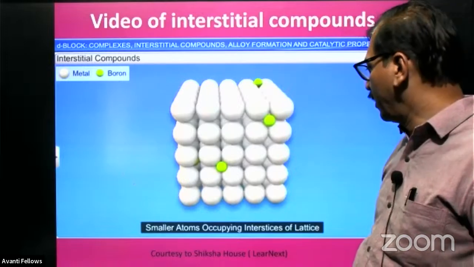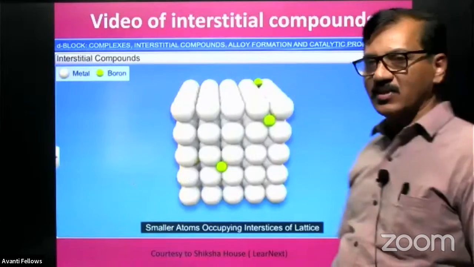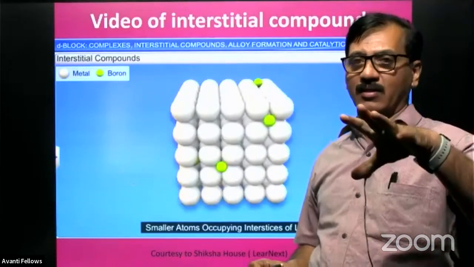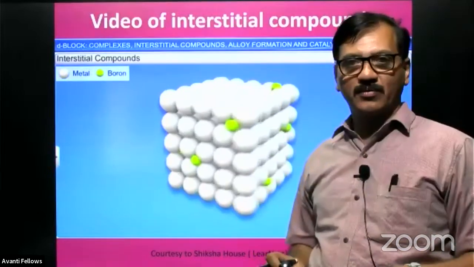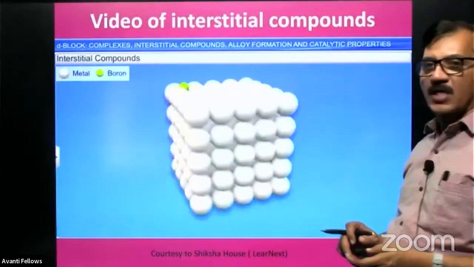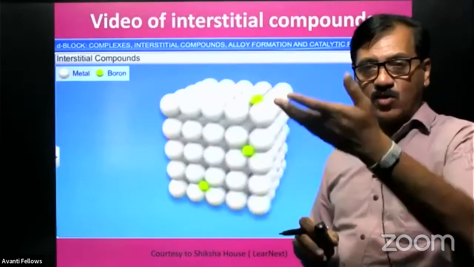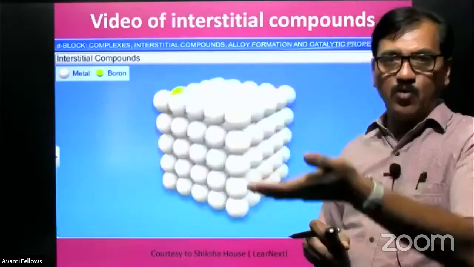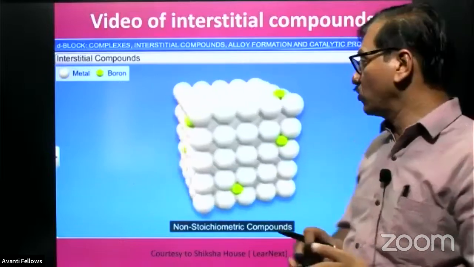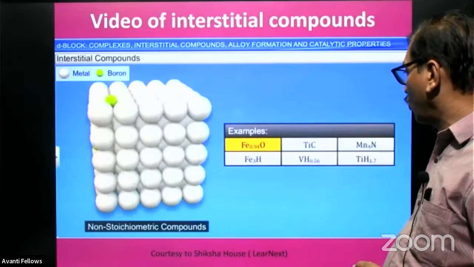Smaller atoms occupy, but not in a fixed ratio, unlike copper sulfate pentahydrate, where hydration has some constancy. One mole of copper sulfate attracts 5 moles of water, but this is not like that. They are called non-stoichiometric compounds.